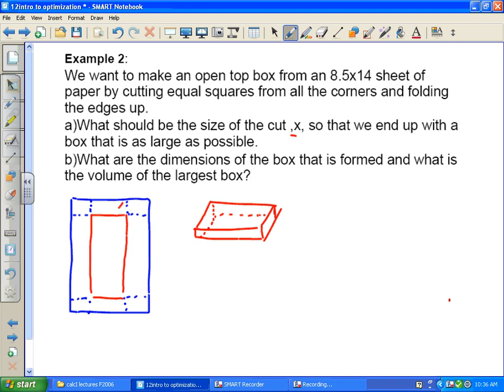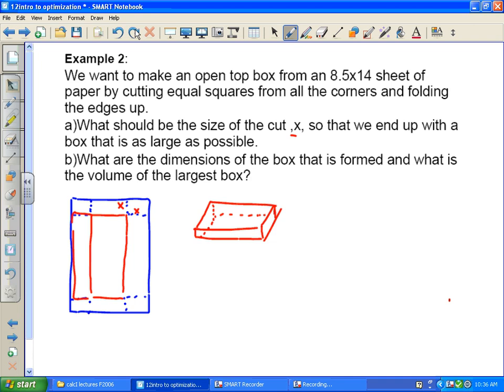If you call this x by x, it's a square piece of paper we're cutting from each corner, then we're folding the sides up. So basically, like you're folding this up and this up, etc. So then you end up with this one. So what should be the size of the cut so that we end up with the largest box possible?